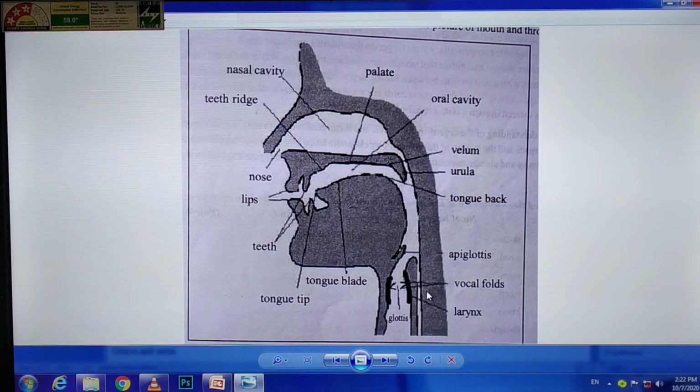So here there are organs of speech. In our mouth, as far as the voice is concerned, every organ shown on the screen here, like nasal cavity, teeth ridge, nose, lips, teeth, tongue tip, tongue blade, palate, oral cavity, velum, uvula, tongue back, epiglottis, vocal folds, larynx. These are all the parts pertaining to our mouth and throat, various organs.